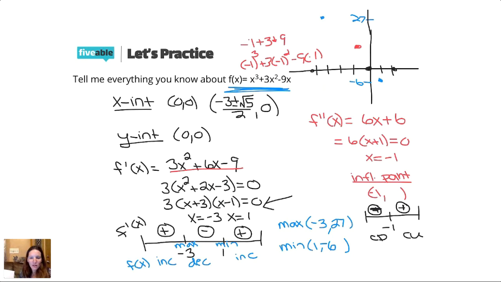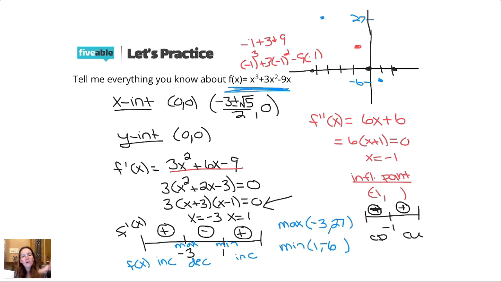So let me just go through that a little slower because that was messy. To find out if we're concave up or concave down, we're going to plug some numbers into our second derivative to find out if the second derivative is positive or negative, right? So I plug in a number much smaller than -1, I get a negative number times 6. So that's where the negative came from.